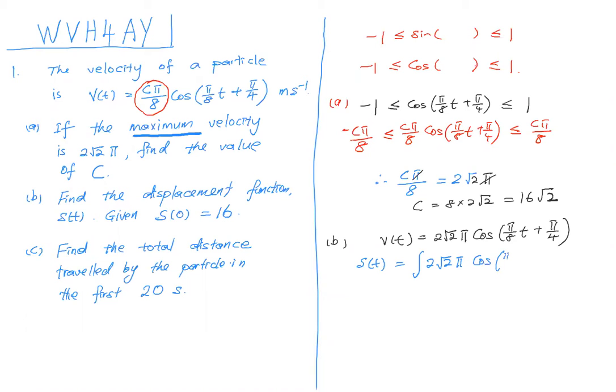So you just be patient, write down everything. Although it looks very complicated, actually it's not at all. So you integrate cos, you get sin. So just follow the formula.